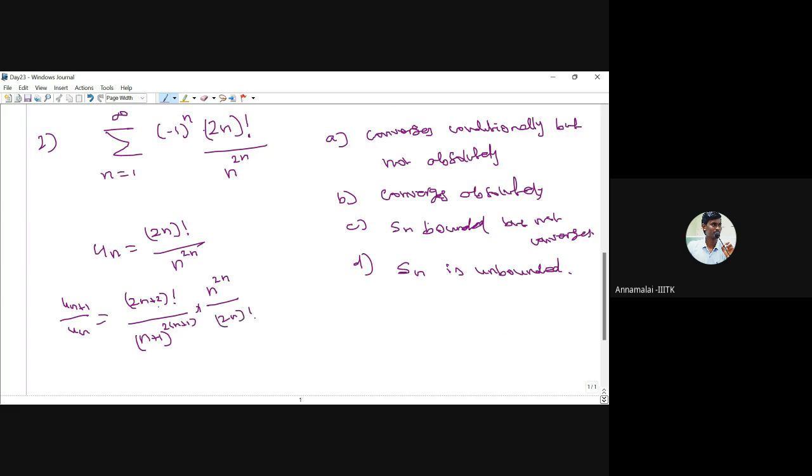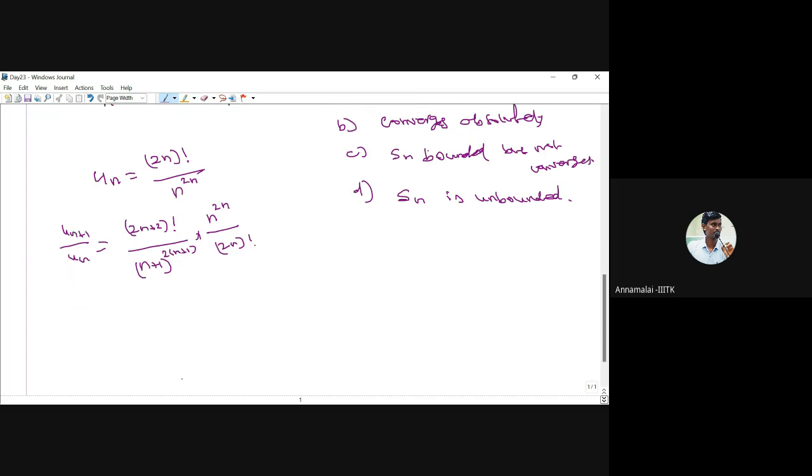Now 2n plus 2 factorial can be written as 2n plus 2 into 2n plus 1 into 2n factorial. So 2n plus 2 into 2n plus 1 into 2n factorial into n power 2n, whole divided by n plus 1 power 2n plus 2 into 2n factorial.